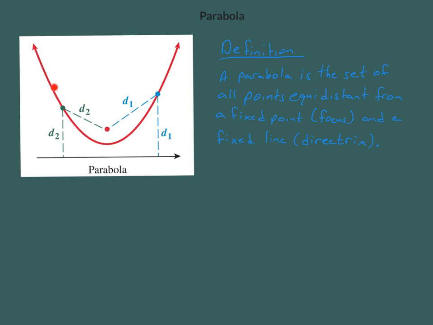Every point on this parabola, on that red graph, has a distance from that focus and a distance from that directrix. And every point on this graph, the distance from that point to the focus and the distance from that point to the directrix will always be the same.